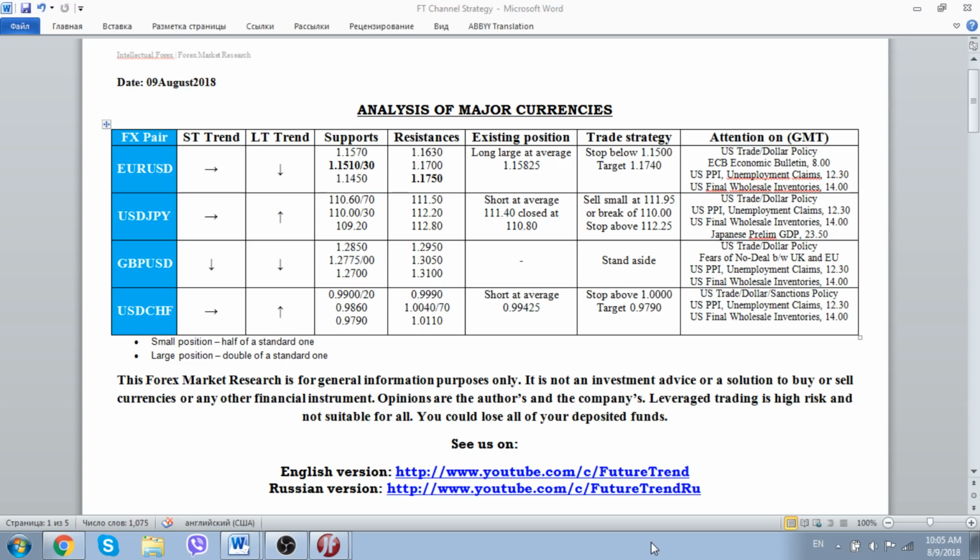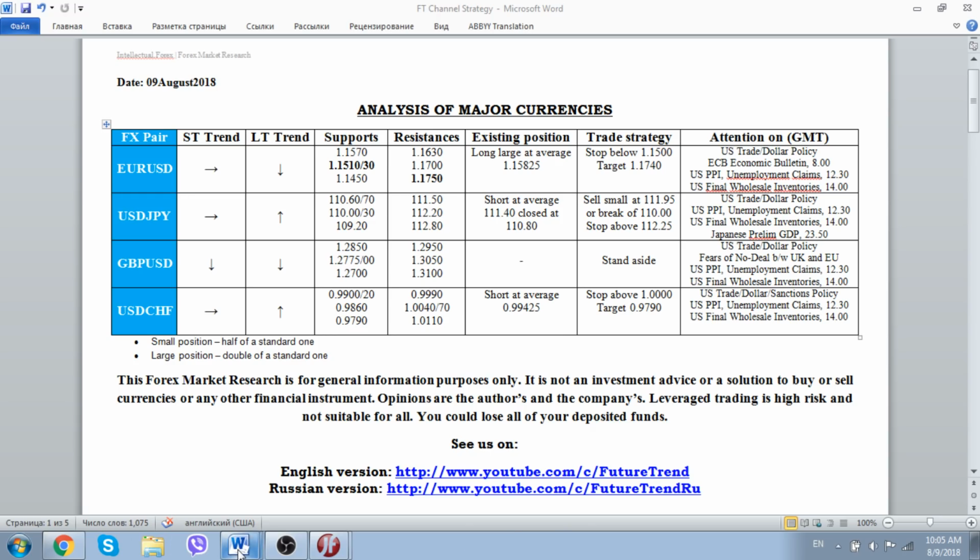All in all, we suggest that today's talks will be more or less constructive and positive for the Japanese yen, and taking into account the last tweaks to its current monetary policy from the Bank of Japan, we suggest that the Japanese yen has room to appreciate in the nearest future.